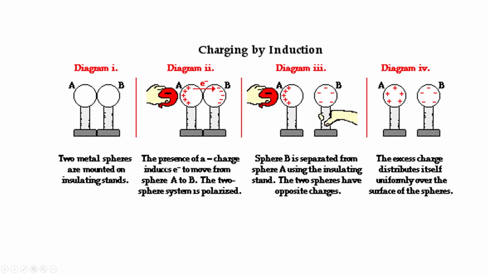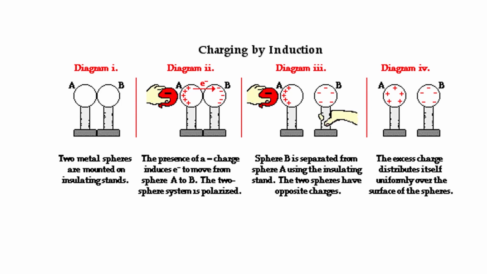So what you do is bring a charged, negatively charged object near to them, and as a result one of the spheres will get positively charged, and the adjacent, the next sphere will get negatively charged because of the induction.